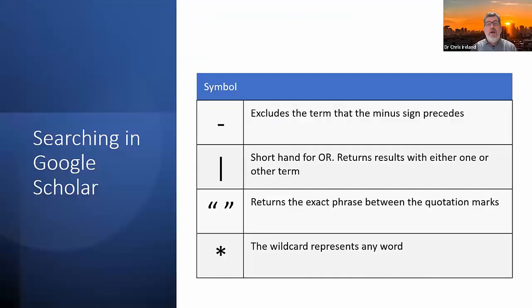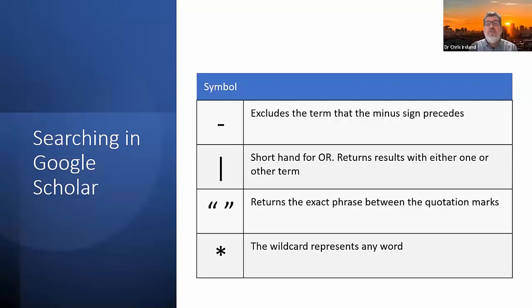Here we have search operators that I want to now talk to you about, how you're going to use those in your Google searches. It's really important that you do your Google searches using these. So the first one is the minus sign.